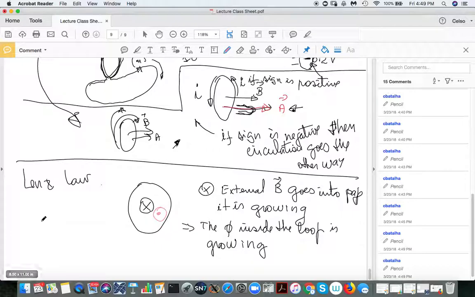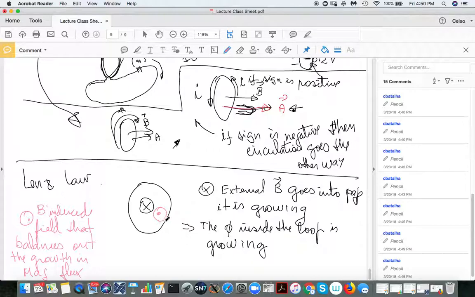In other words, it creates what we call the induced field, and what it does is balance out the growth in magnetic flux, which is pretty much created by external agents, right?